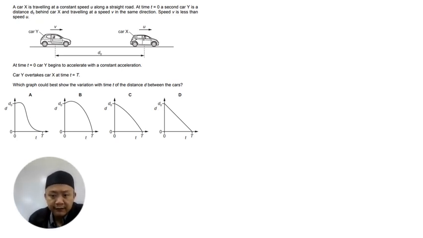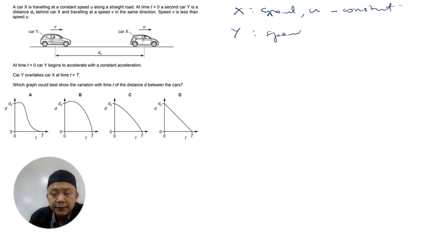So we have to understand the question right now. We have two cars, X and Y, where X is traveling with a speed u, and this is constant. Apologies for the bad handwriting. And then for Y, initially we have a speed v, where v is less than u. Okay. Now what happens?